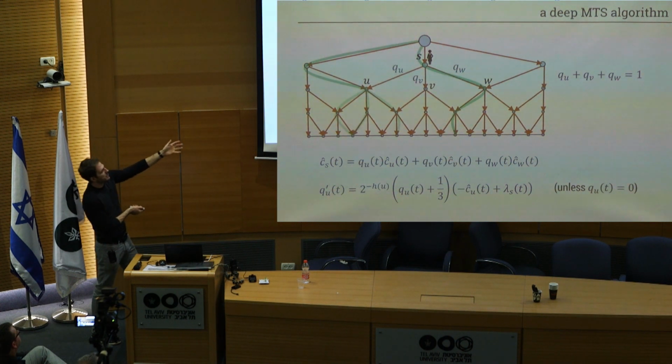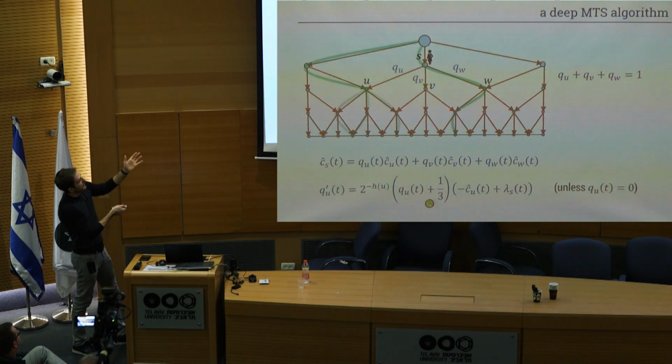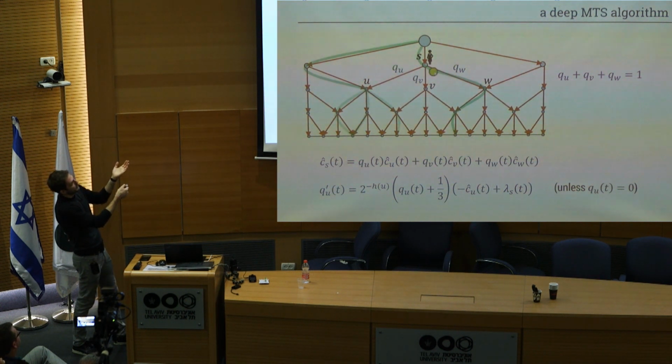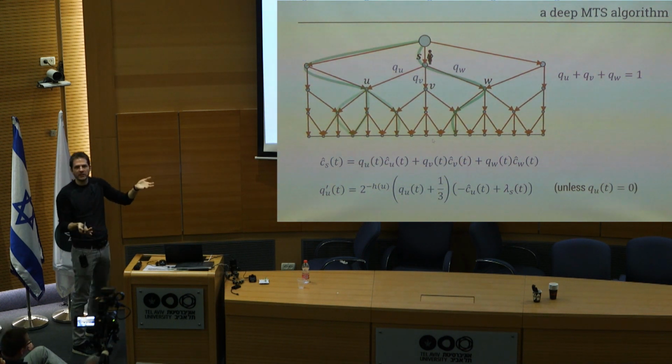But if you tried to analyze it, it would be really hard, and you can imagine why. Basically, the dynamics are very complicated. All of these nodes are trying to learn this effective cost, and you would hope that it's converging in some sense to the true cost of playing beneath you. But consider that this agent is now making updates based on noisy information reported about the costs below it that may themselves not have converged.